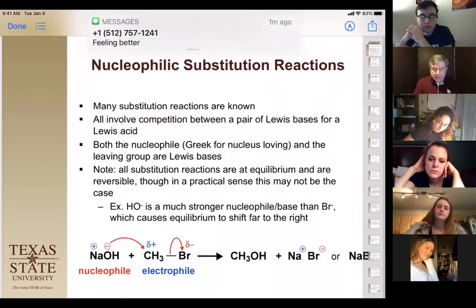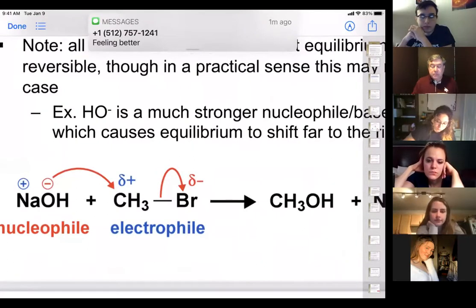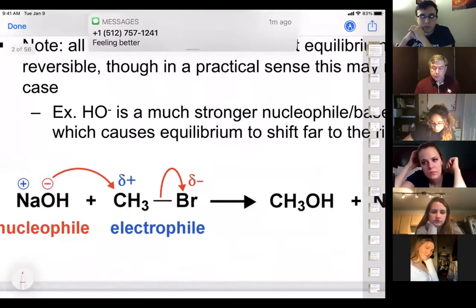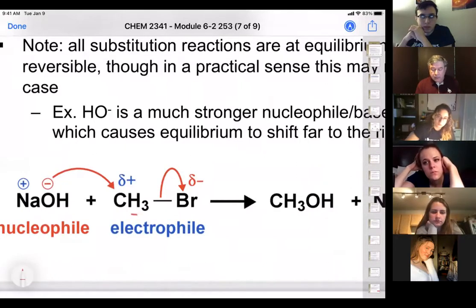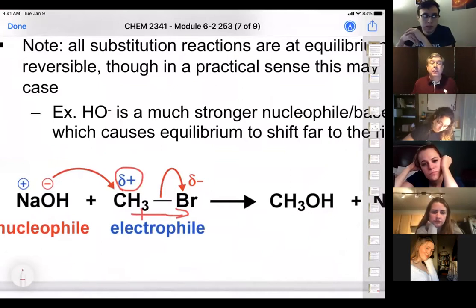In this case here, we have a bromine. Bromine is more electronegative than the methyl group, and therefore it's pulling electron density, giving us our partially positive charge on carbon. That makes our carbon the target of the nucleophile, and it makes our carbon the electrophile, or our Lewis acid. So it's willing to accept electrons to form a new sigma bond.